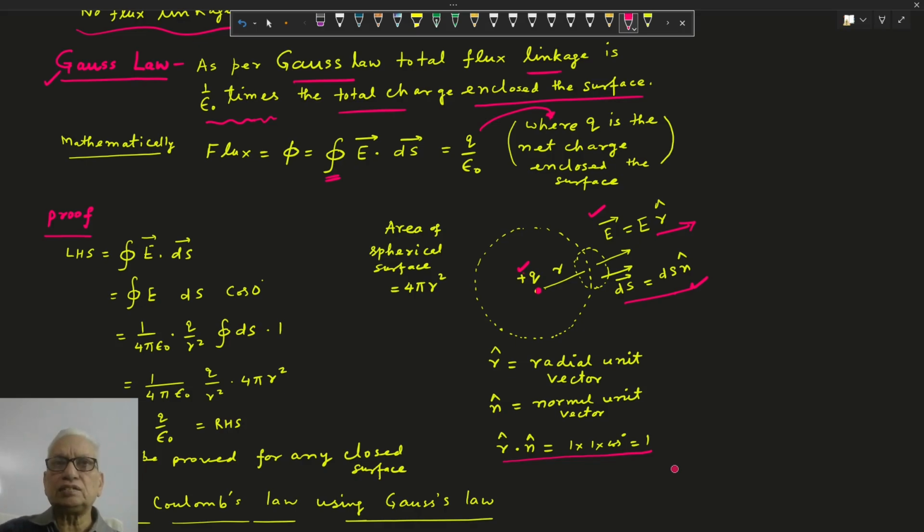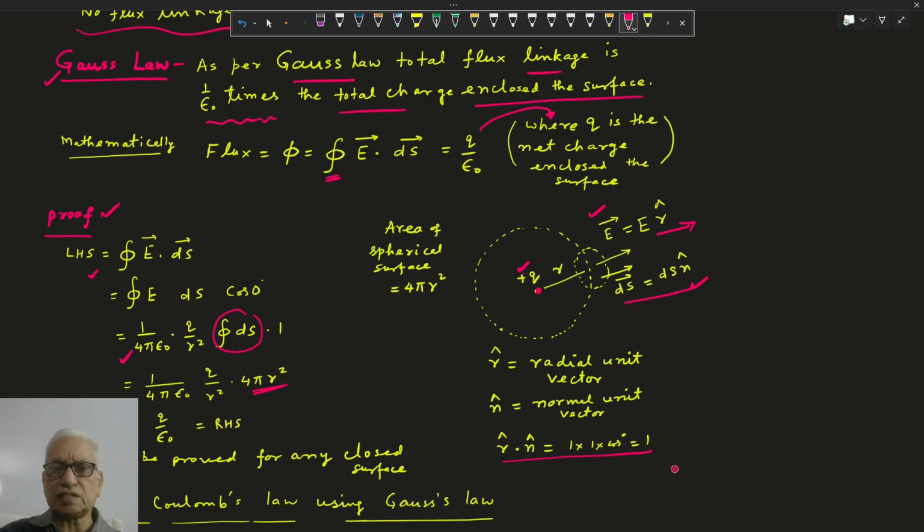Now, just to prove it, taking the left hand side of the Gauss theorem, LHS is the integration for the closed path of the dot product, so E ds cos 0. E means electrical field, 1 upon 4 pi epsilon naught q upon r square, and ds cos 0 is 1. So this is the closed surface area of the sphere. The area of the sphere is 4 pi r square.